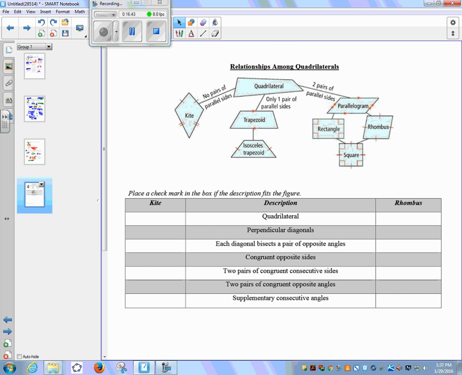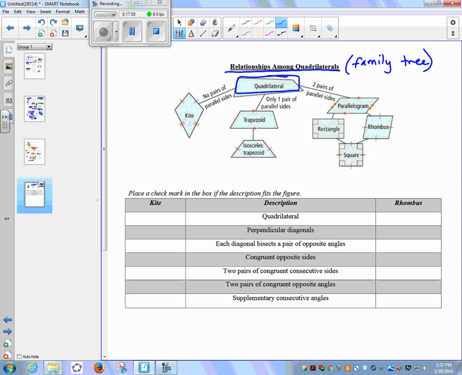On the back of the notes here, we just have a little bit of a visual as to how you can classify quadrilaterals, relationships among quadrilaterals. This is like a family tree of quadrilaterals. That's what I call it. So quadrilateral is the big category.